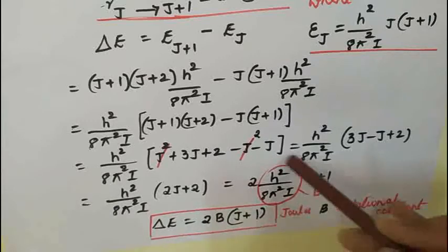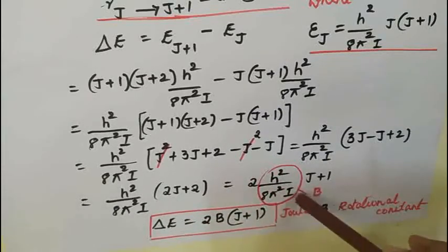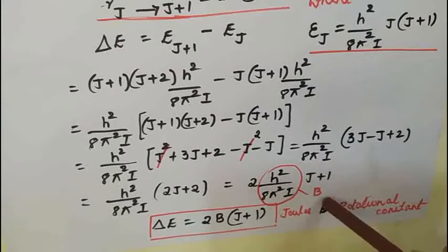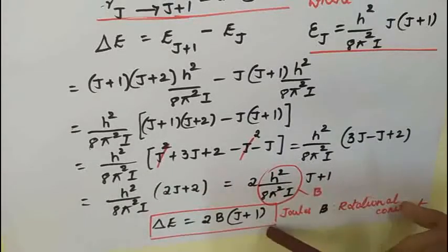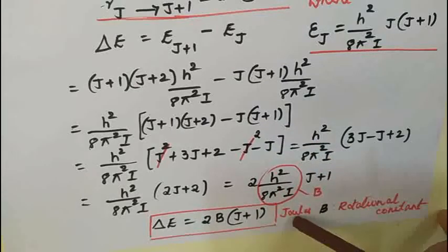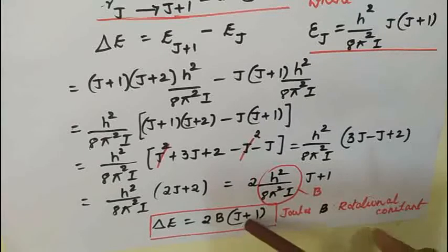So we can write the expression by taking 2 common, h squared over 8 pi squared I taken as the constant B, and B is nothing but the rotational constant, and J plus 1. So finally we have the expression: the difference between the rotational energy levels can be determined using delta E is equal to 2B into J plus 1.